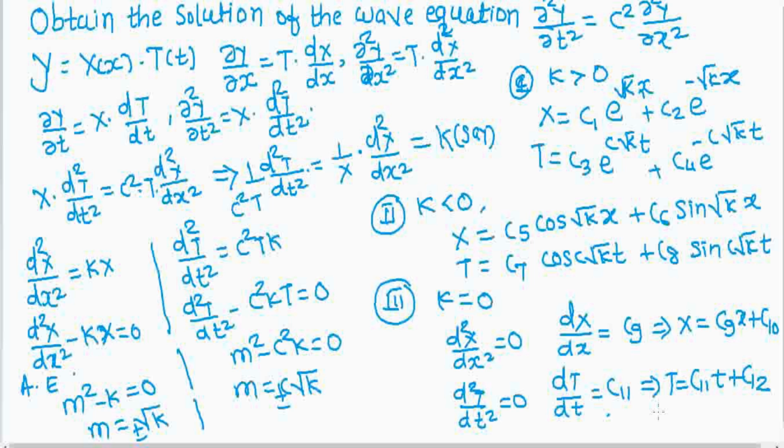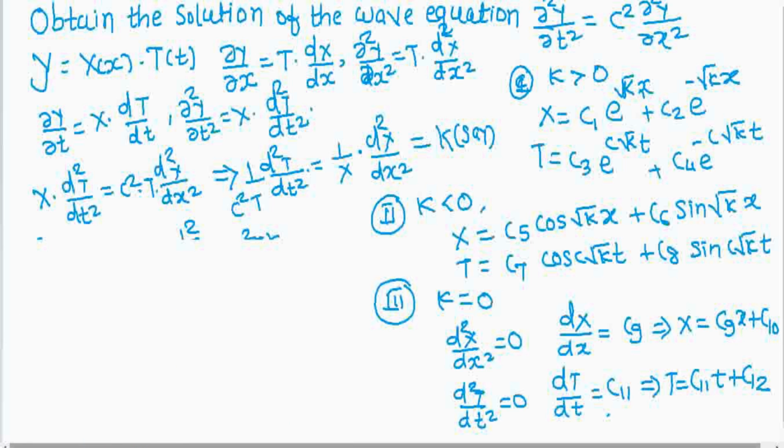But we know that the equation is a wave equation, and therefore the value of the constant is less than 0, and that is why we take the second solution, that is, k less than 0.